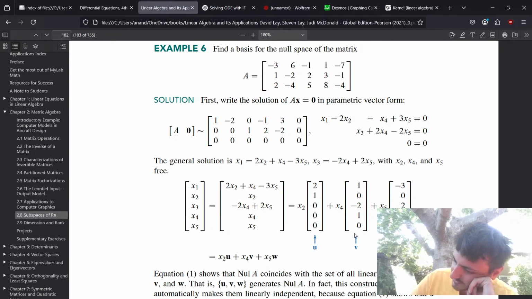So x2 is going to be 2 1 0 0 0 plus x4 times 1 0 minus 2 1 0 plus x5 times minus 3 0 2 0 1. Okay, so that's the parametric vector form.